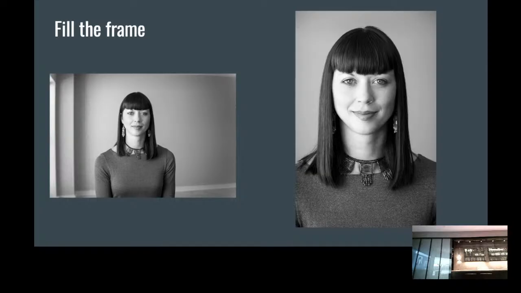By cropping all that out and filling the frame, we take away from the distraction of the photo. Is the point of the photo to get the molding on the wall where that light's coming in, the shadows? Probably not. This is probably a headshot for a resume, a website, some sort of portfolio. So it's important that we have a clear and concise picture of our person.